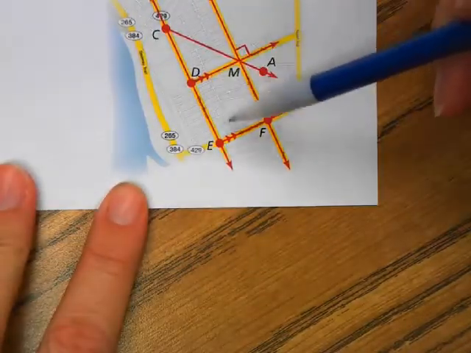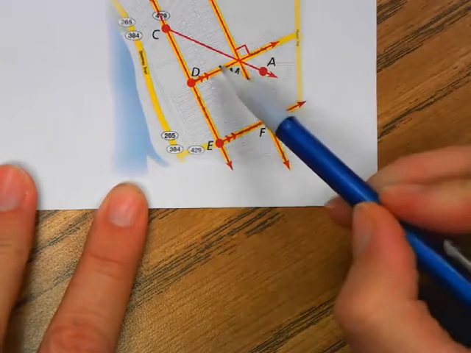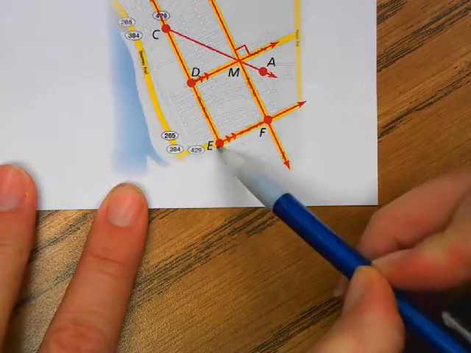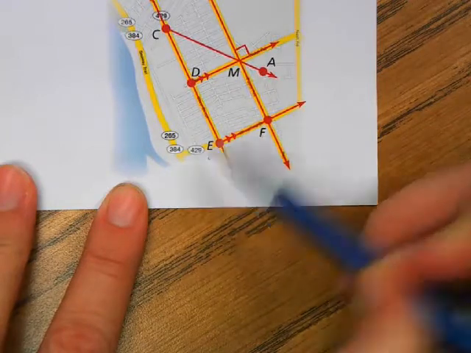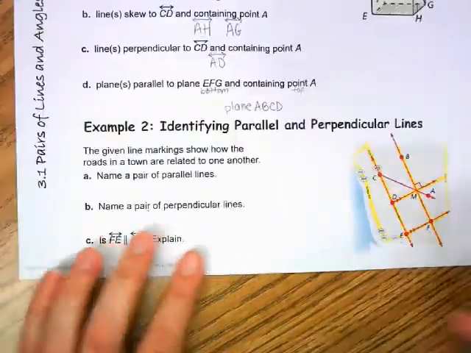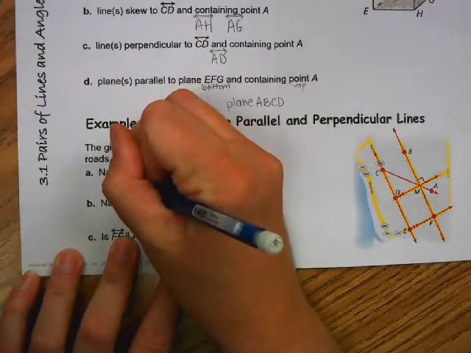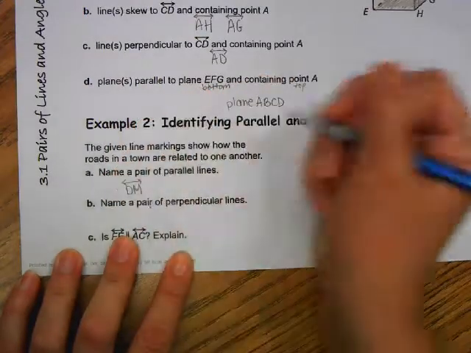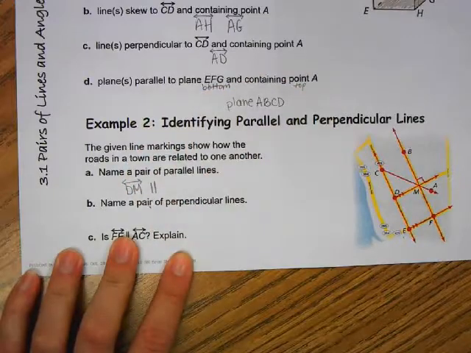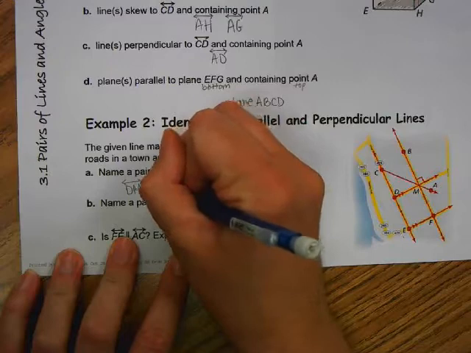All right, and here they are. Here's that parallel symbol. So line DM is parallel to line EF. And we're going to write that geometrically using our symbols. So DM with the line symbol is parallel, use the parallel symbol, to line EF.